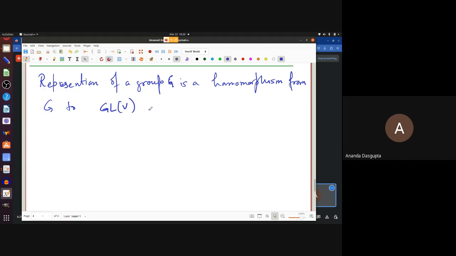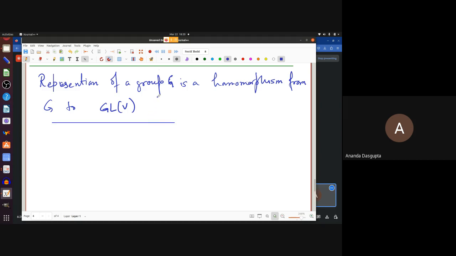Is that okay? And just like you have linear representations, along with that you also have matrix representations, which is basically what you get from a linear representation once you choose a basis. So this was for groups.